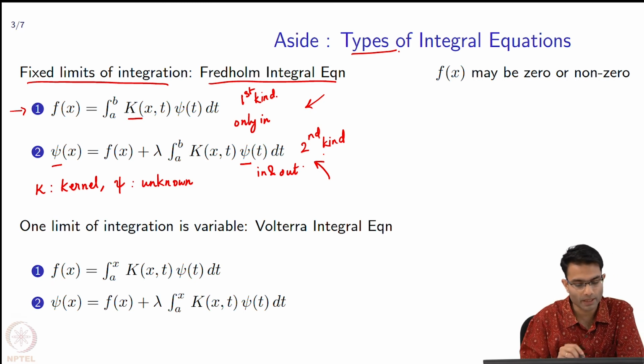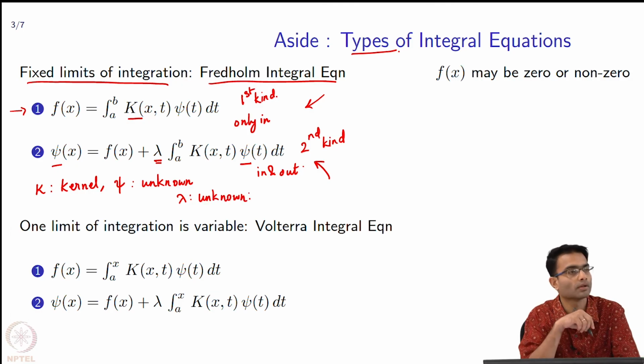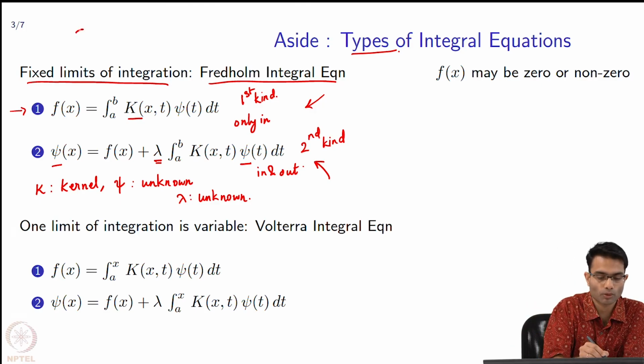Further, you notice the second equation has one more parameter that has come up, which is this guy lambda. Okay. So, lambda is also unknown. You can think of this as the equivalent of an eigenvalue problem. When you write an eigenvalue problem, what do you write?